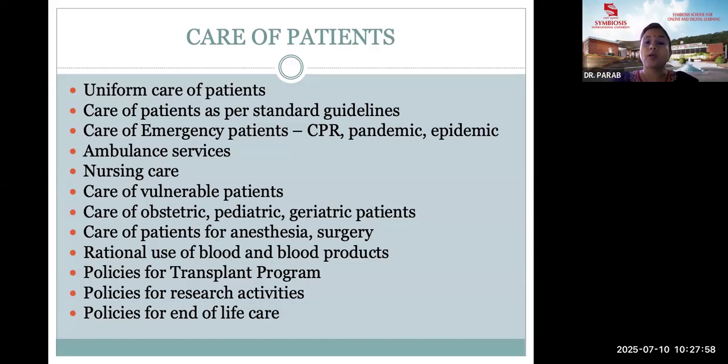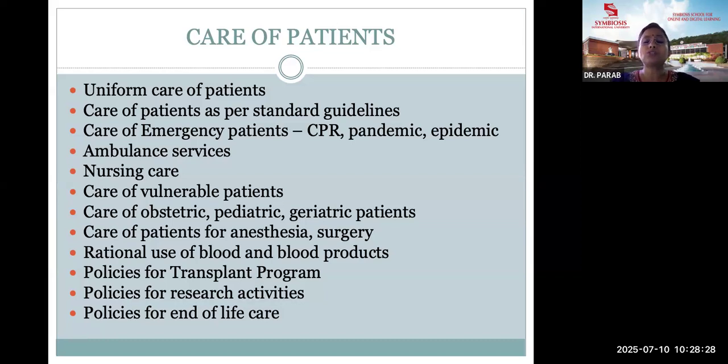What is your scope? If your scope is just obstetric and newborn care, you can just restrict to that. But if you're talking about high risk obstetrics, then you definitely need to make an NICU available over there, right? So pediatric care can extend to neonatal care, it can extend to pediatric surgery, it can extend to all the super specialty branches in pediatrics like pediatric cardiology, pediatric nephrology, pediatric neurology.